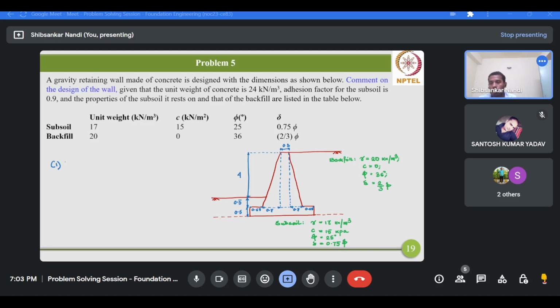First, that the wall is safe against overturning, so we have to calculate the factor of safety against overturning. Then we have to calculate the factor of safety against sliding, and thirdly the factor of safety against bearing failure.